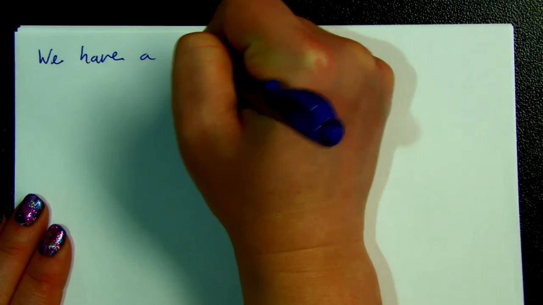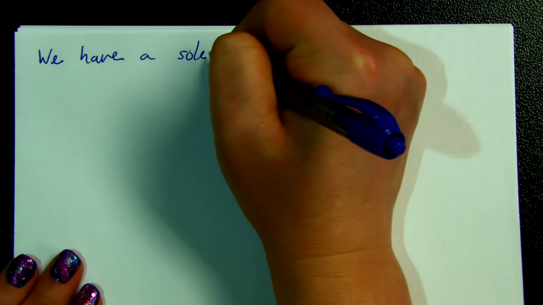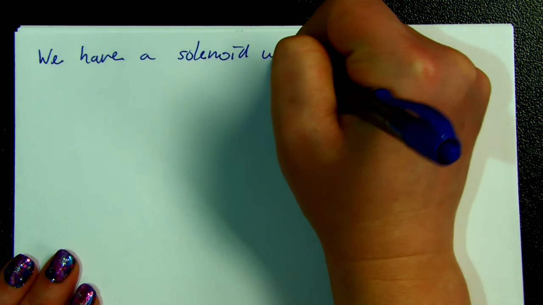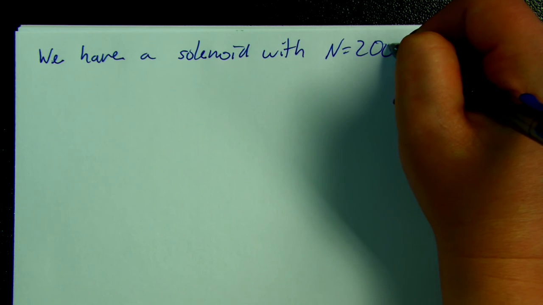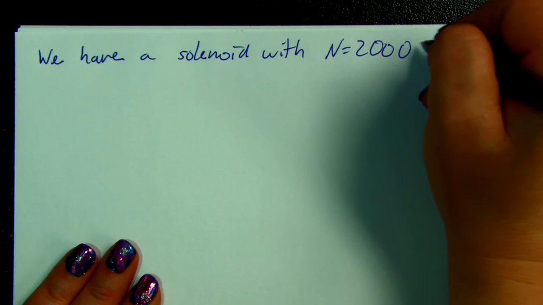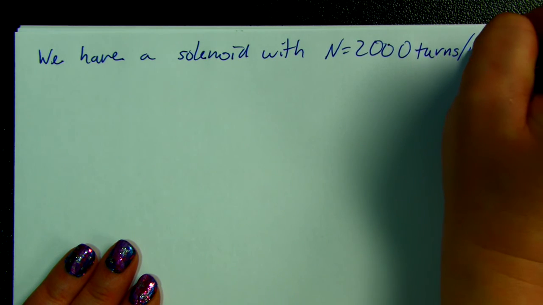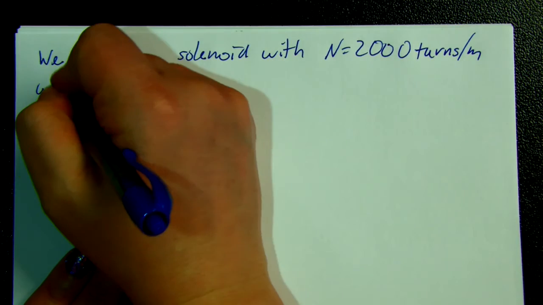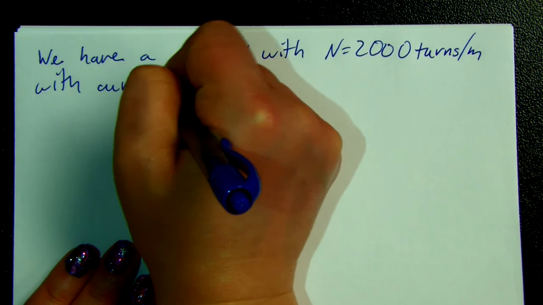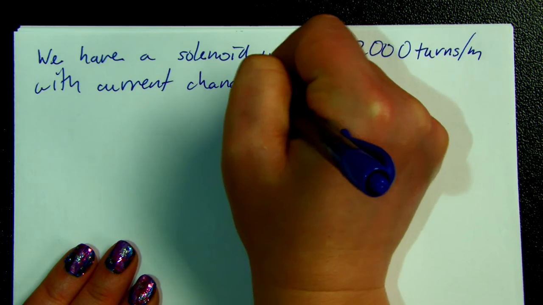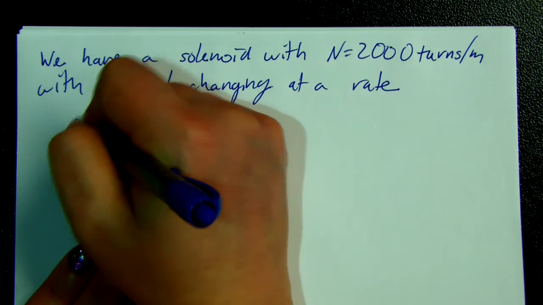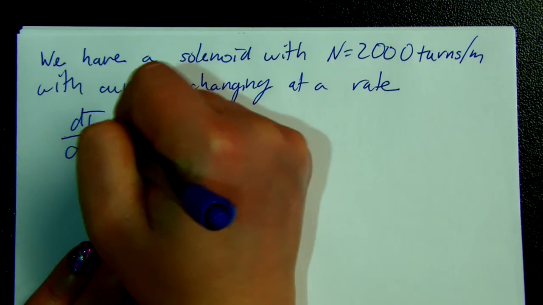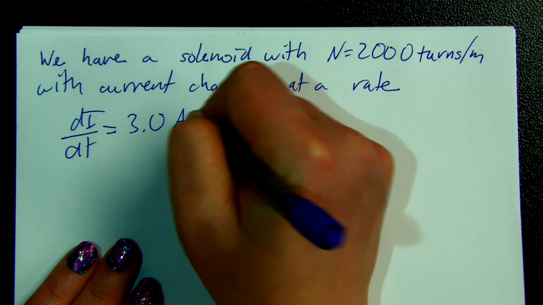we have a solenoid with 2,000 turns per meter, with current changing at a rate di dt is equal to 3.0 amps per second.